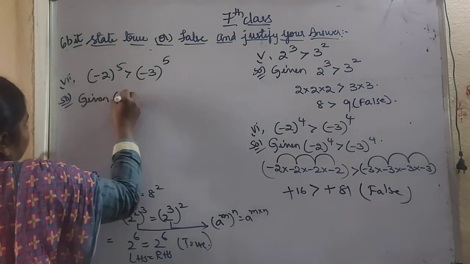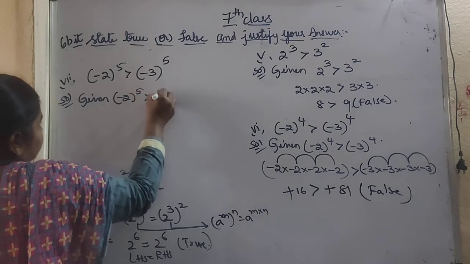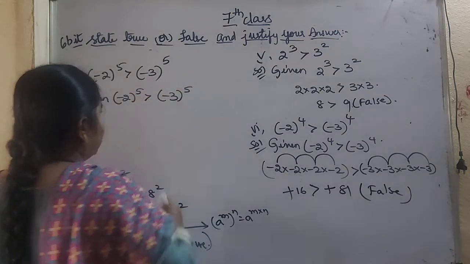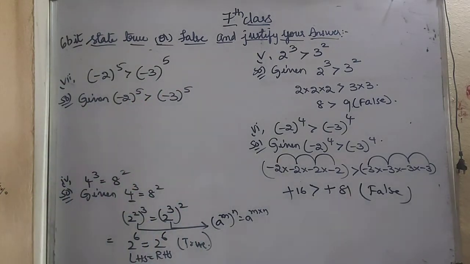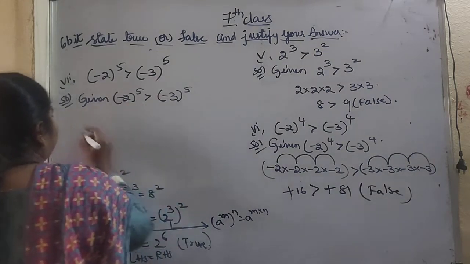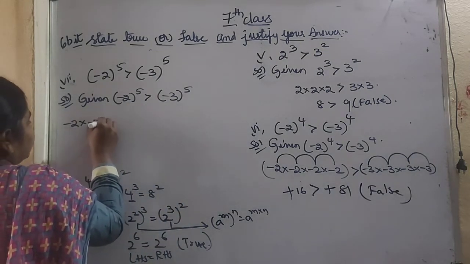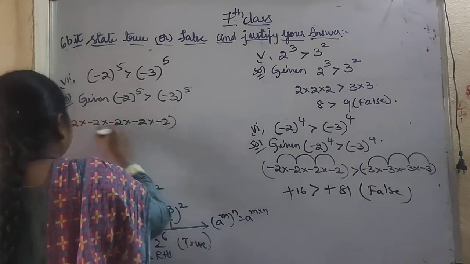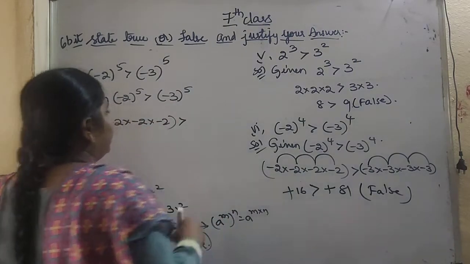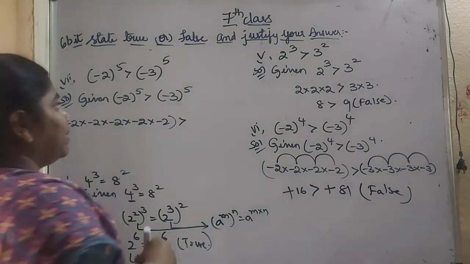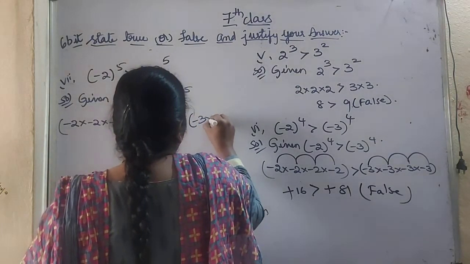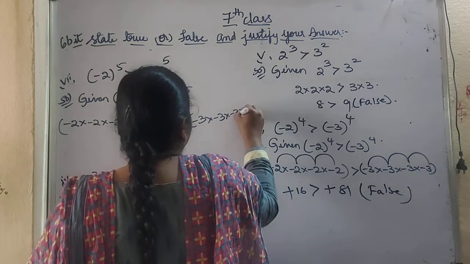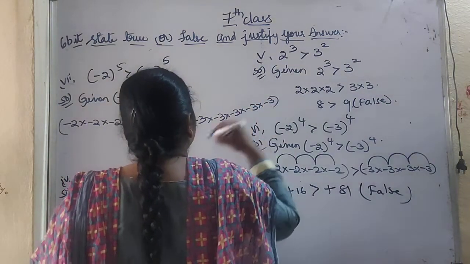So given minus 2 whole power 5 is greater than minus 3 whole power 5. Okay, so minus 2 we have to multiply 5 times: minus 2 into minus 2 into minus 2 into minus 2 into minus 2. And in the same way, minus 3 also we have to multiply 5 times: minus 3 into minus 3 into minus 3 into minus 3 into minus 3.